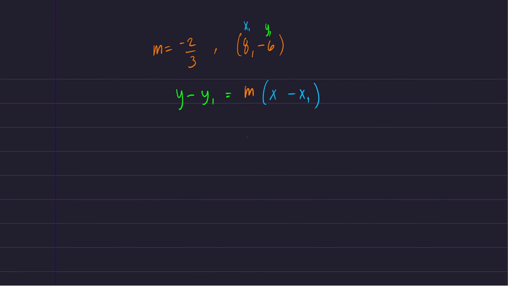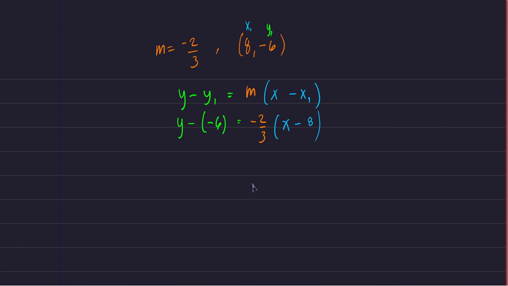Substituting the values, we have y minus y sub 1 is equal to negative 6. And this is equal to m, which is equal to negative 2/3 times x minus x sub 1, which is equal to 8. Ayan. Next, we are going to distribute negative 2/3 sa loob ng parenthesis and simplify the left-hand side of the equation.